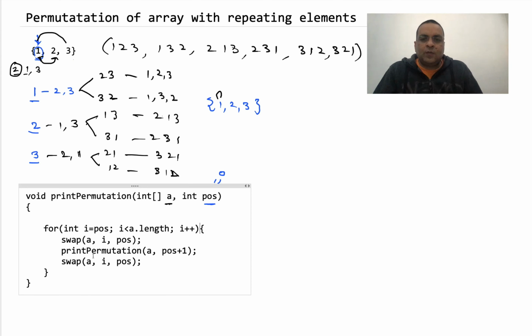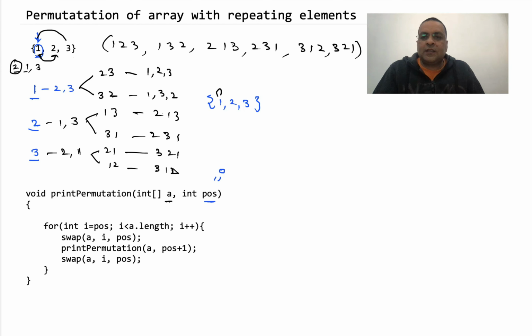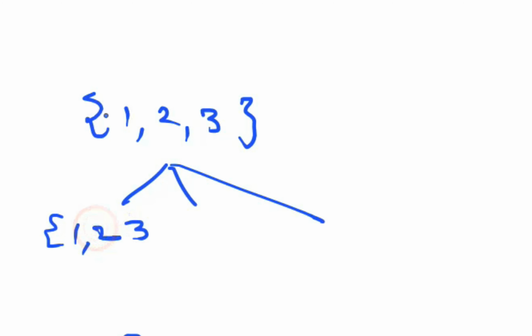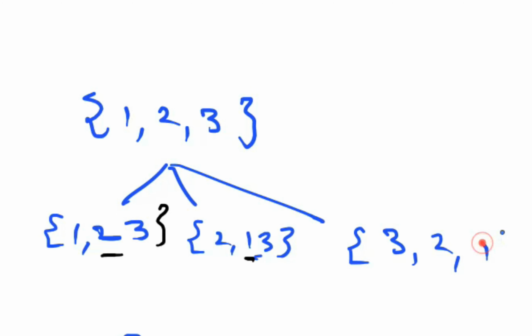In this recursion, if we call this recursion for array 1 2 3, then inside this we will be calling this recursion 3 times. First with the array 1 2 3 and position as position of 2, then with the array 2 1 3 and position as position of this 1, and third with the array 3 2 1 with position at this position of 2.